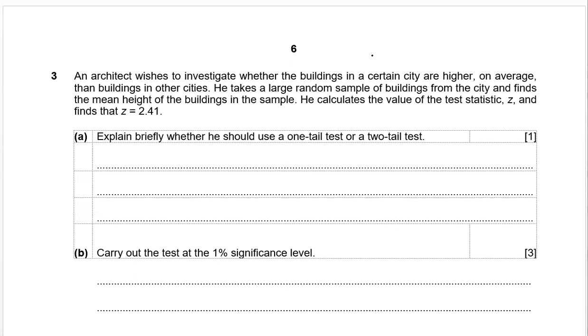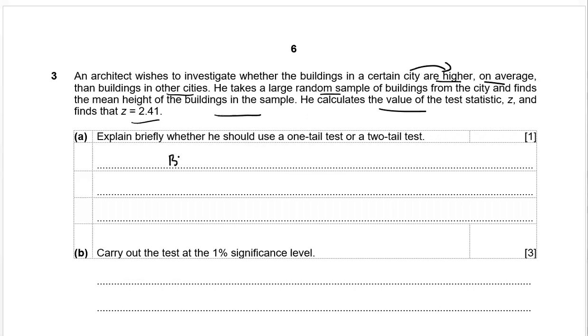Next. Okay, this is on average the building. He takes large sample value from the find the mean of the calculate the value of that test which are higher on average than the building. Higher means one-sided, right? So one-sided means one tail, right?